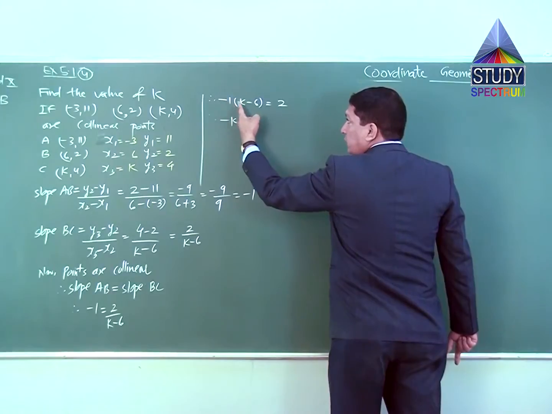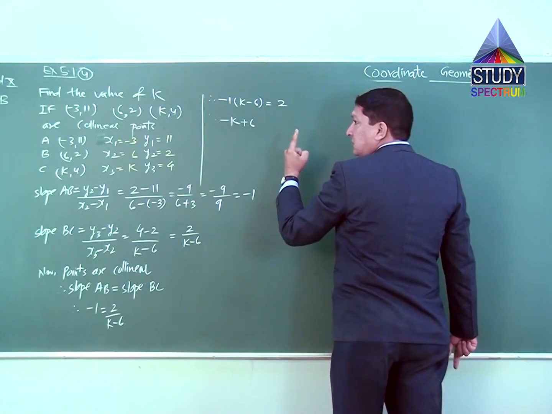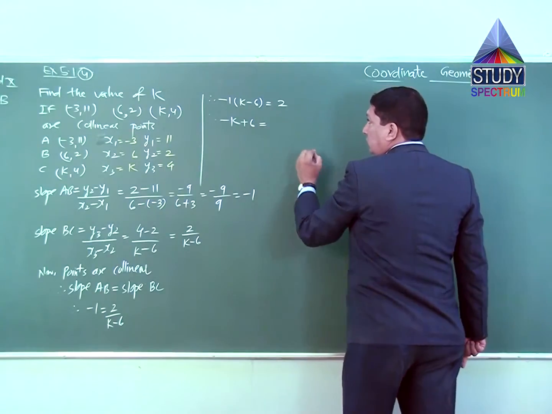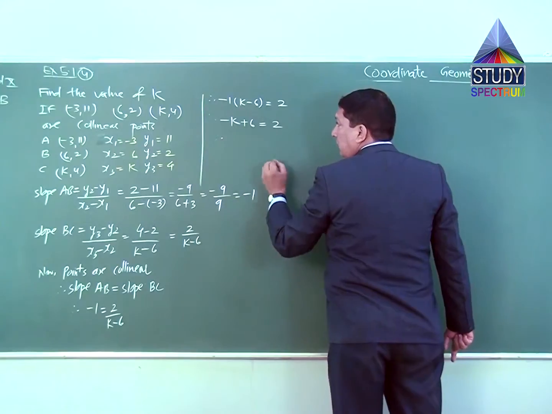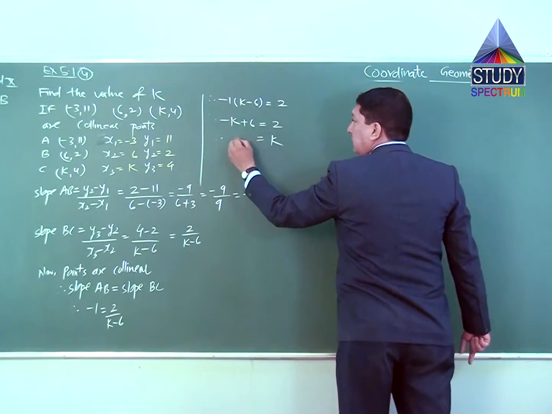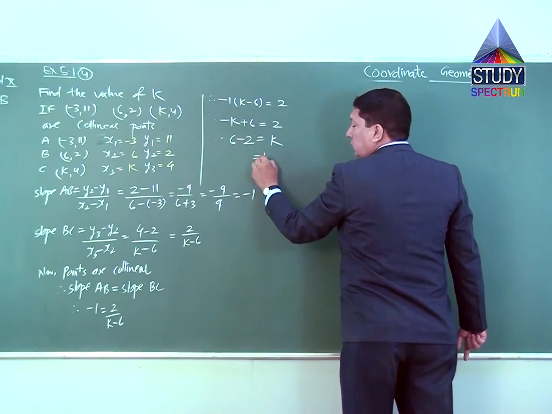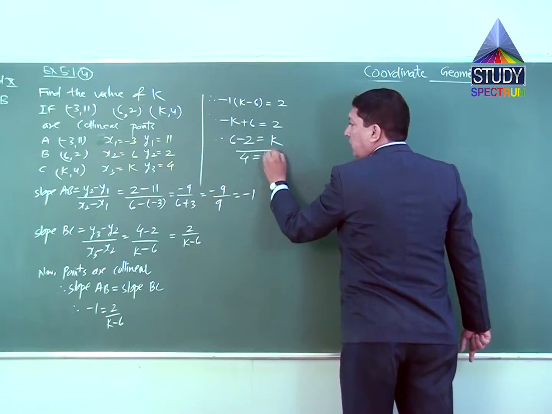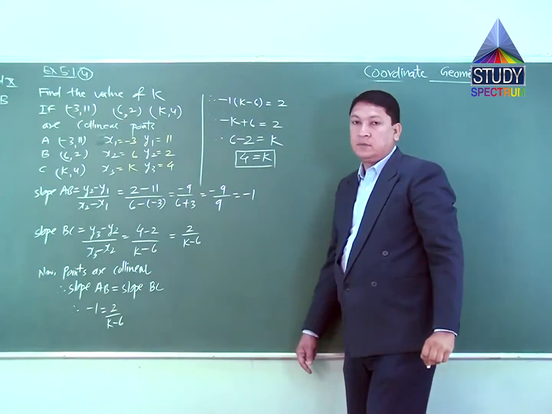Again, minus 1 into K is minus K, minus 1 into minus 6 is plus 6, right? Equals 2. Therefore, now I'll take K the other side. K comes this side, 6, 2 goes other side, minus 2, K equals 4. We got the value of K as 4.